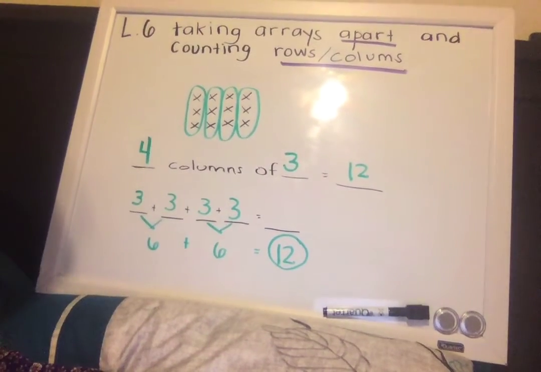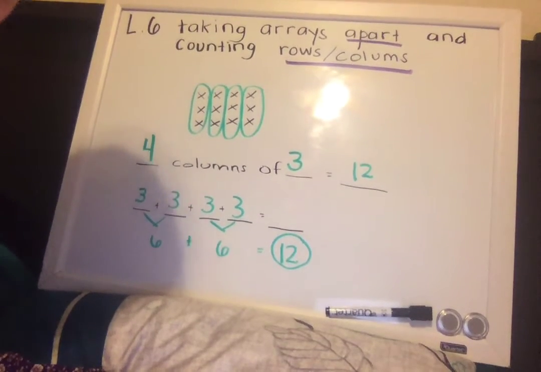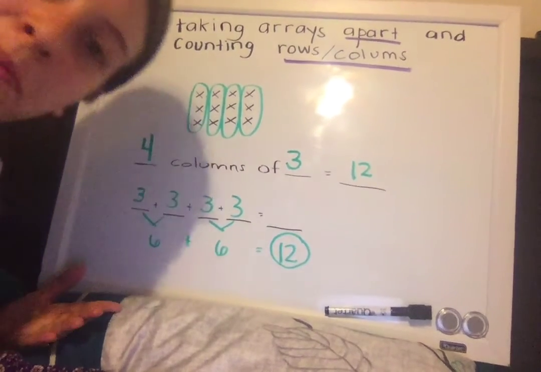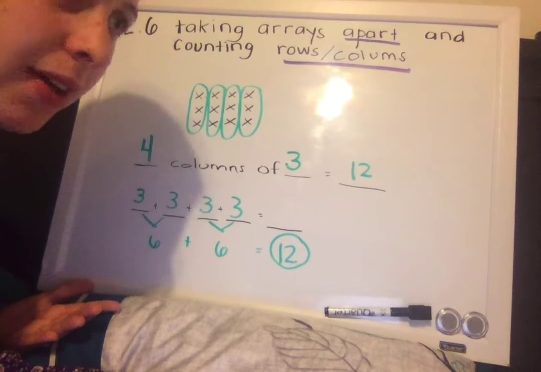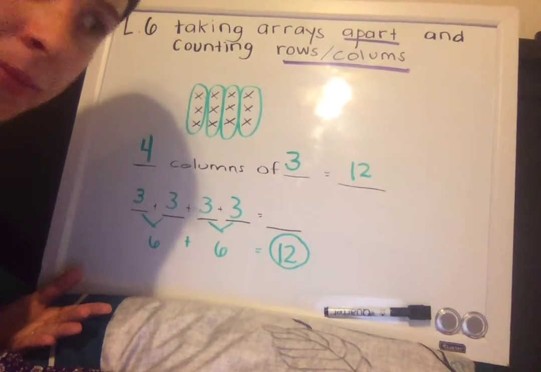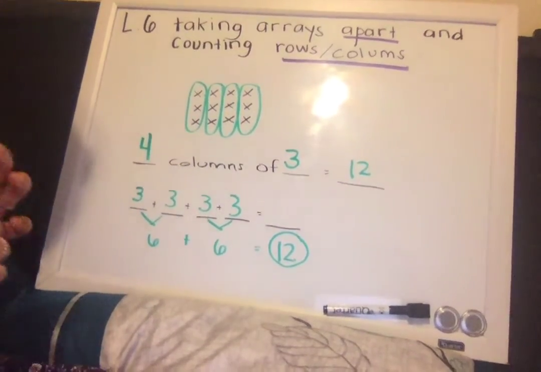But now, there may be problems that ask you, what happens if I add another column to this array? Well, do you have a pencil? Yeah. Do you have a notebook? Yeah. Can you draw another column by yourselves? I'm sure you can. So I'm going to show you how I would do it, okay?